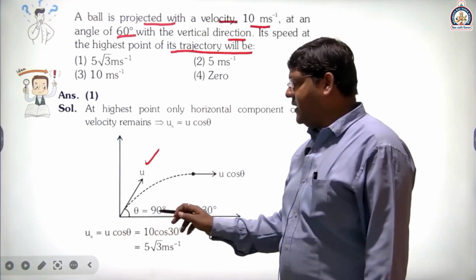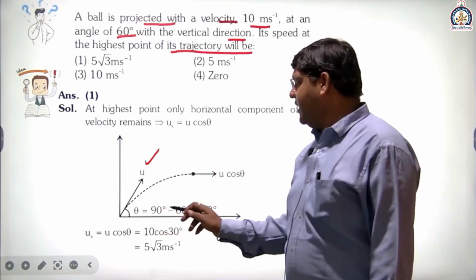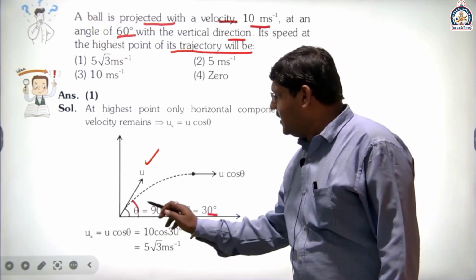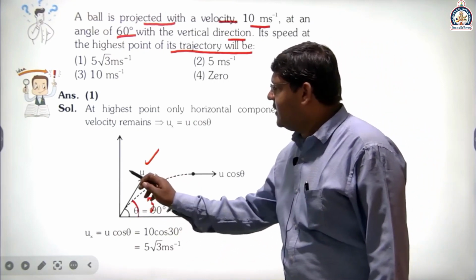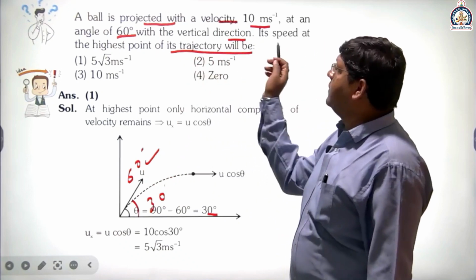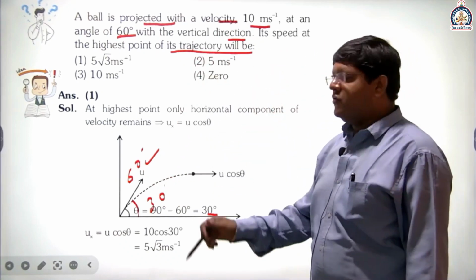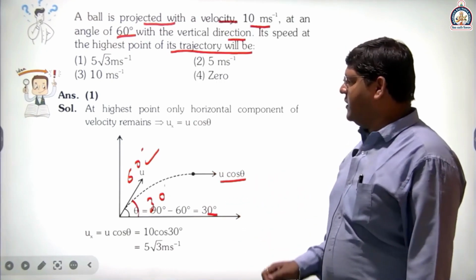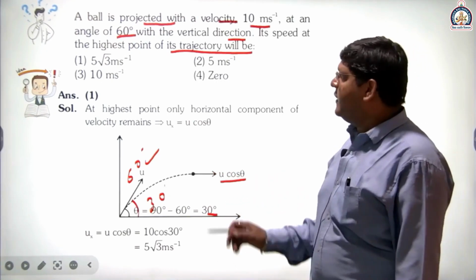So we can calculate the angle with the horizontal as 90 minus 60, that is equal to 30 degree. So this is 30 degree and this is 60 degree. We have to calculate the value of velocity at the highest point.